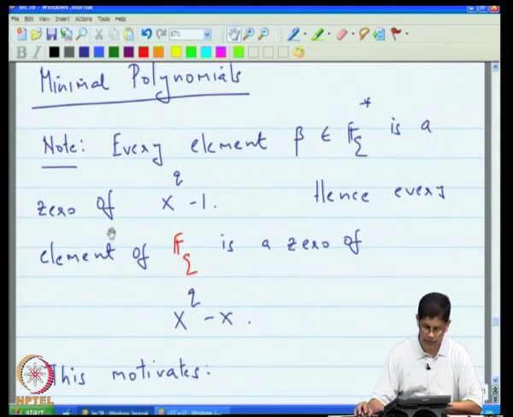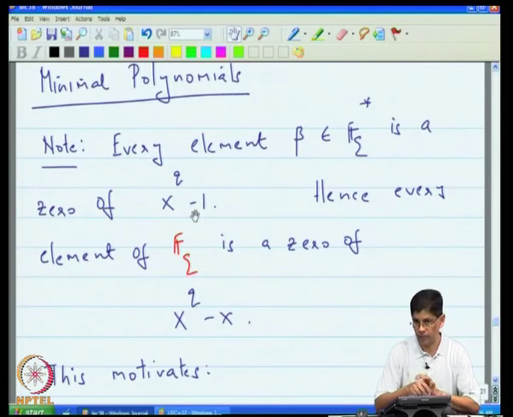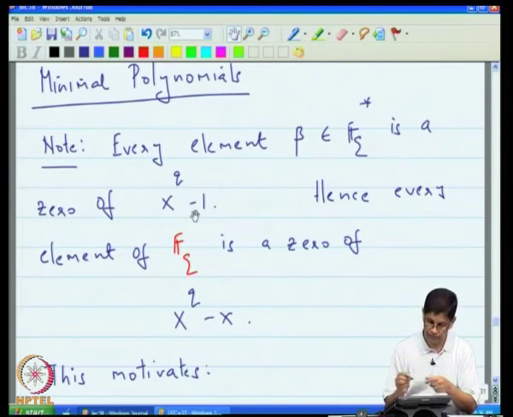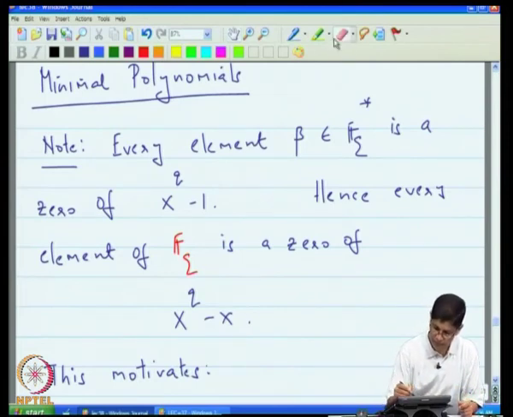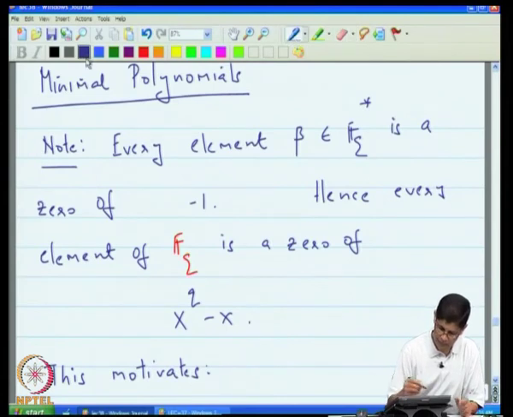We have already seen this because the maximal order is, excuse me, a small typo here, this really is x to the q minus 1, minus 1.